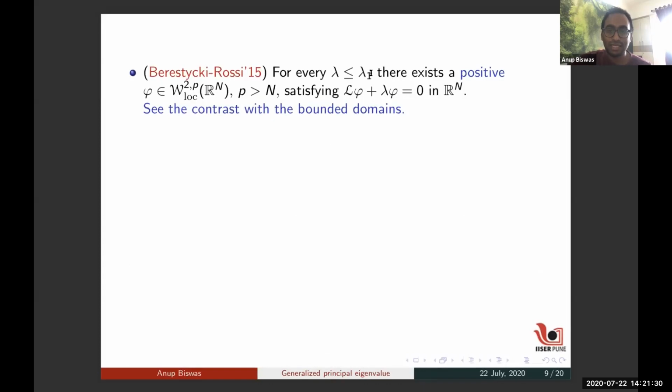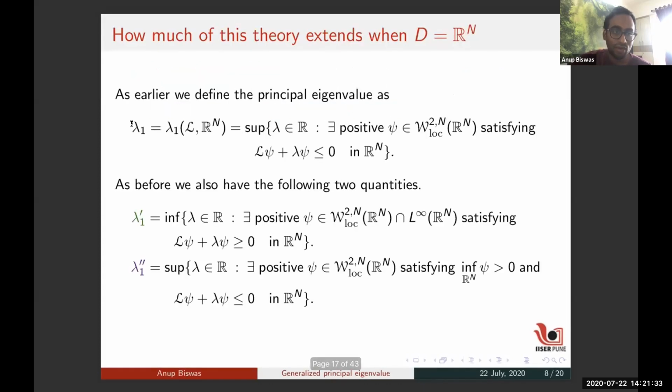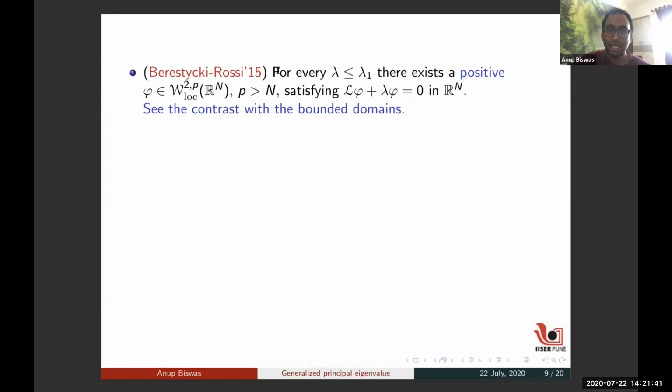Now, when I write lambda 1, I'm always looking at the supremum over all positive supersolutions. That's my definition. And the reason is this: if you take any lambda that lies below lambda 1, there exists a positive phi, p bigger than n, satisfying this relation.